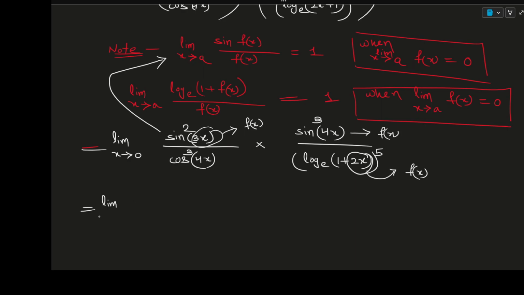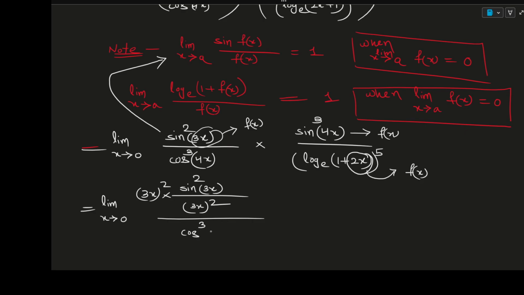So it will be limit x tends to 0, sine square 3x. I will multiply f of x square in the numerator and in the denominator, so it will be 3x square, and here as well, 3x square.